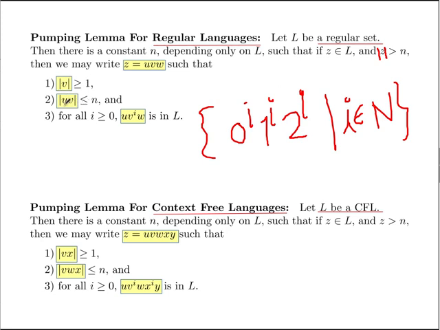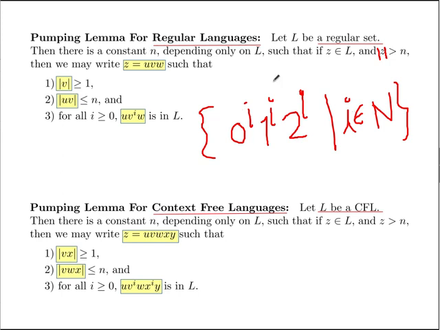On top of that, we also had another constraint, that the length of uv is less than or equal to n, and then we can pump this middle part, and all these strings will also be in L. So this was the pumping lemma for regular languages, right?